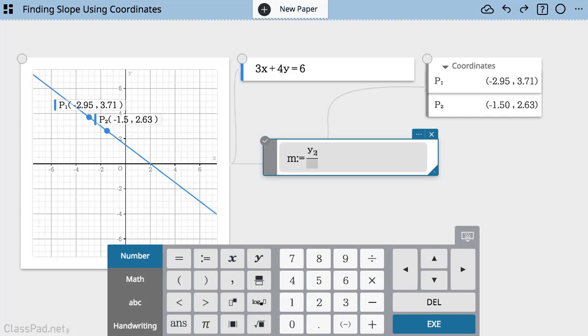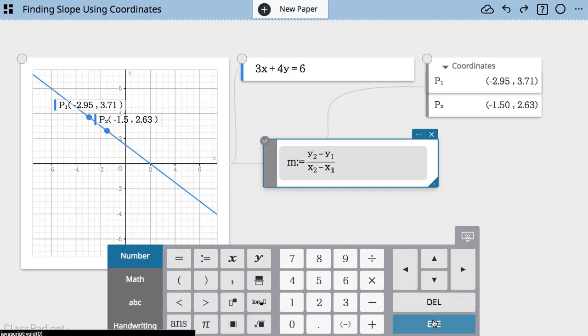The way I was able to do that was to use the underscore key on my keyboard. So I type y, press shift minus, and type 1, and there is your underscore. Then do the same with x sub 2 minus x sub 1. All right, so that is the definition of slope.